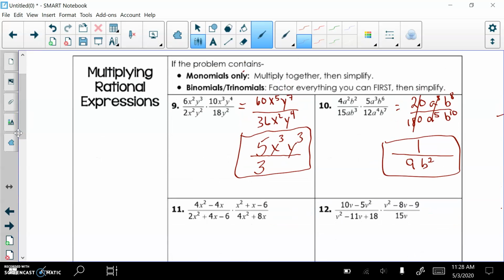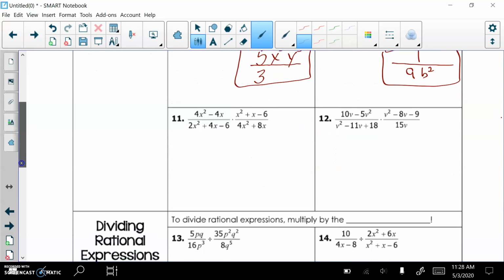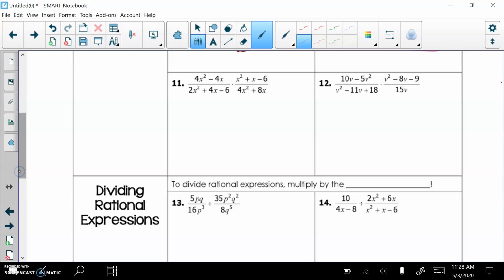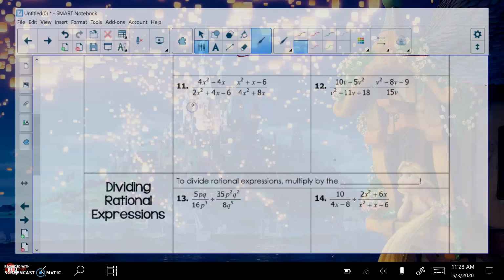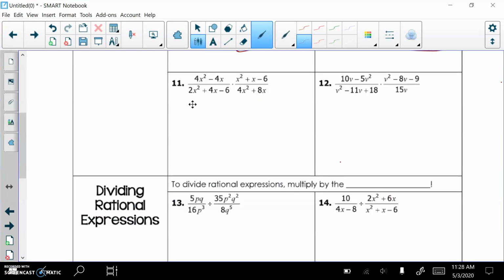Now let's see what we have here. Binomials and trinomials. Factor everything you can first and then simplify. This goes back to the first days of the year. Number 11, what can we do? We can take 4x out, leaving me with x minus 1.